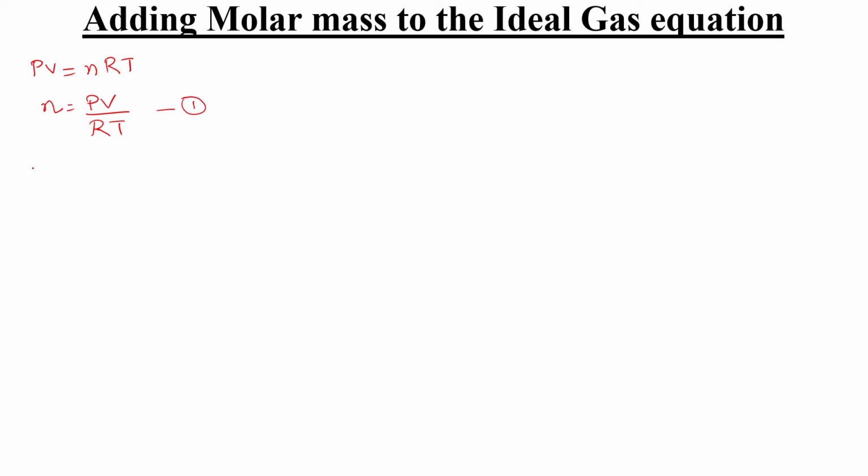We already know another formula for n, which is mass in grams over MM. We did this formula in one of the previous chapters. Now both of these equations are equal to n. It means that the right sides of the equations are equal to each other. So we can just write these side by side.